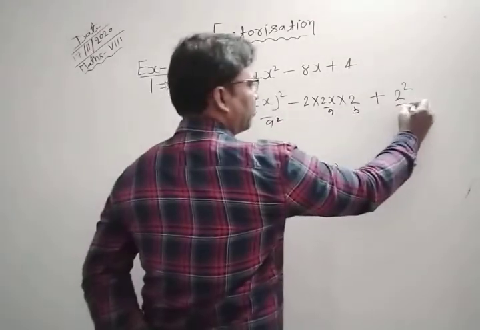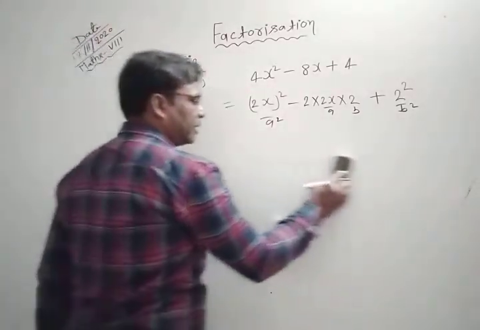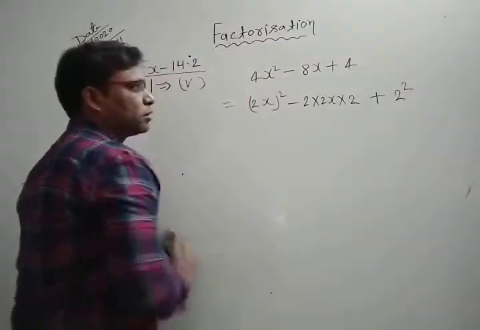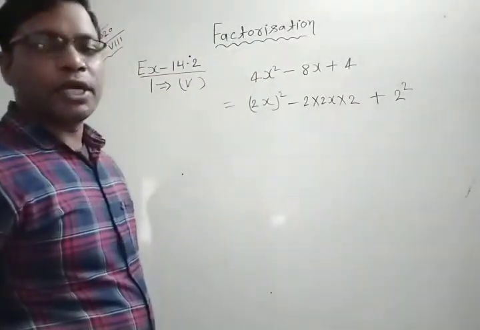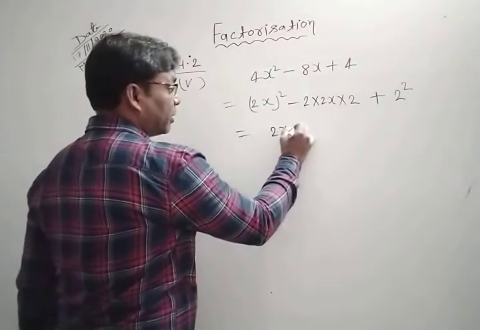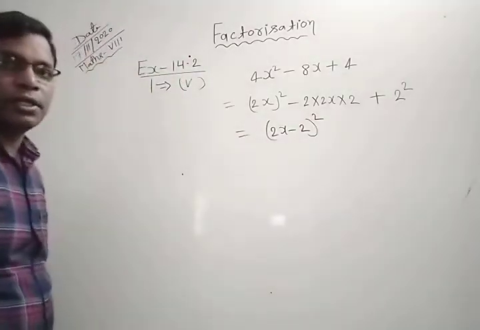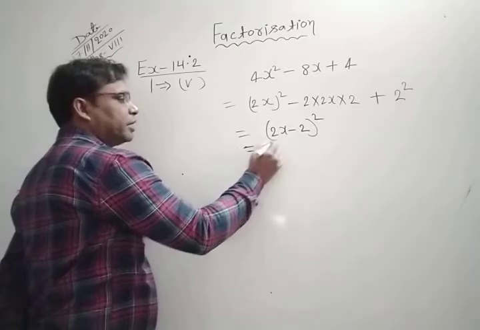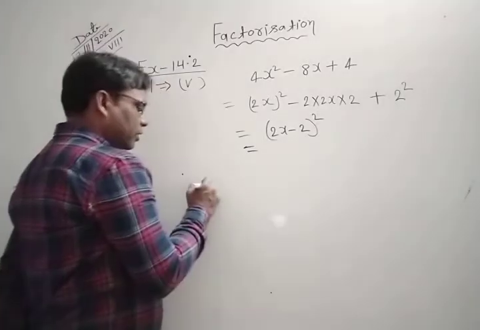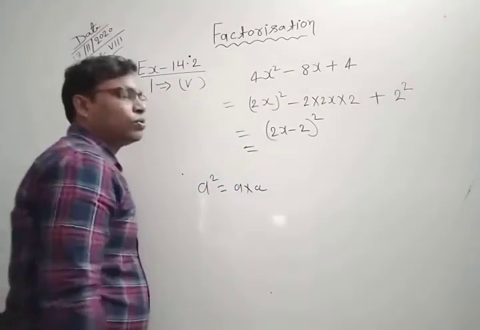A square, b square, 2ab. Clear? So you can write it square of 2x minus 2 into 2x into 2 plus square of 2. This is the expression of 2x minus 2 whole square, whole square of 2x minus 2. Clear? Square of a means a into a. So here is square of 2x minus 2.